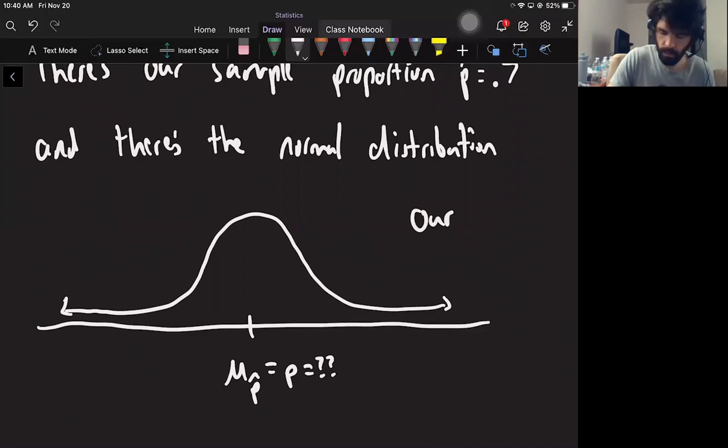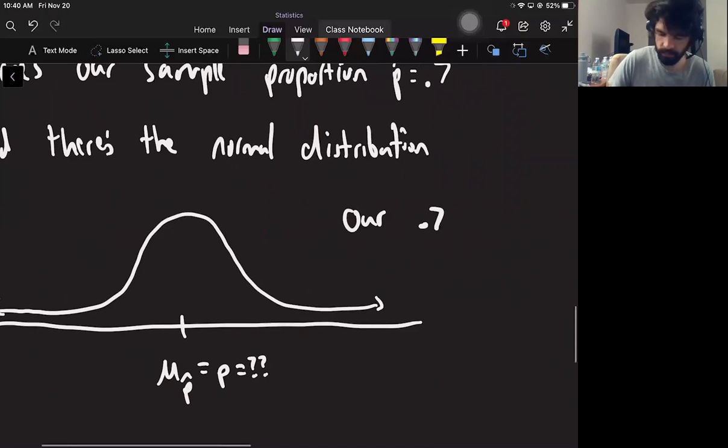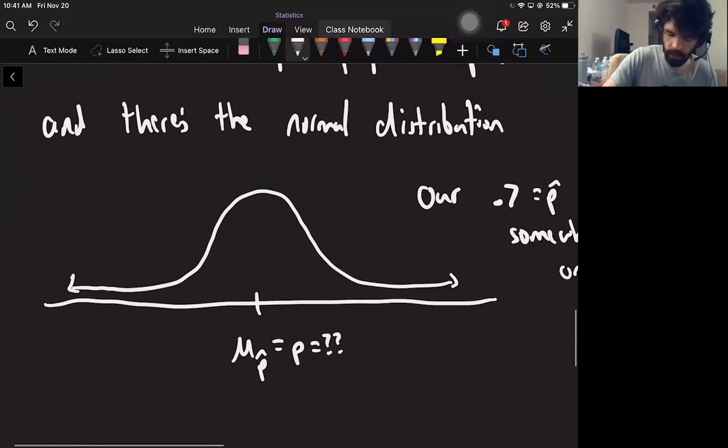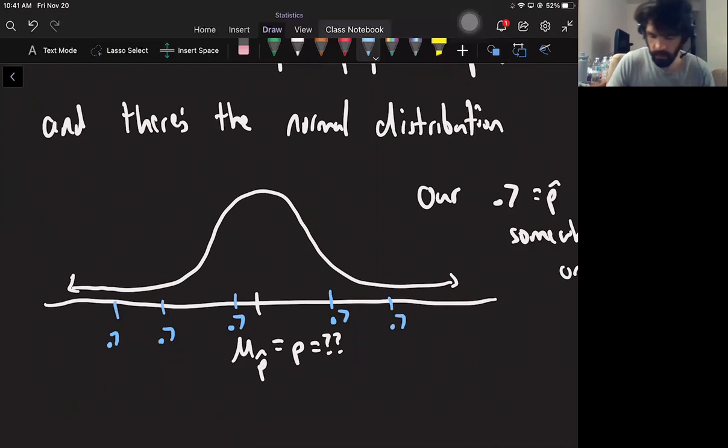But our 0.7 is somewhere on here. I don't know where. It could be maybe 0.7 is there, maybe 0.7 is over there, maybe it's over here, maybe it's very close to the middle. It could be anywhere. We don't know because we don't know what this is. So that's the idea.